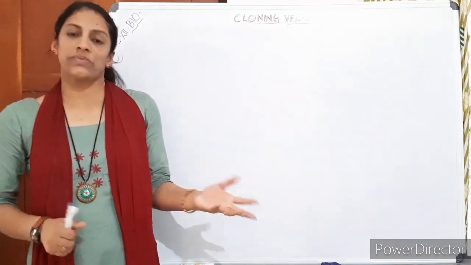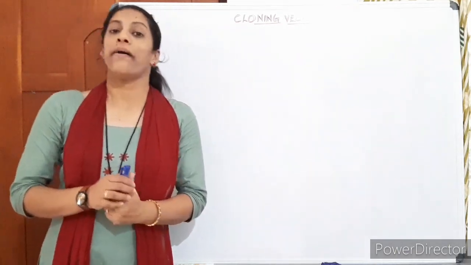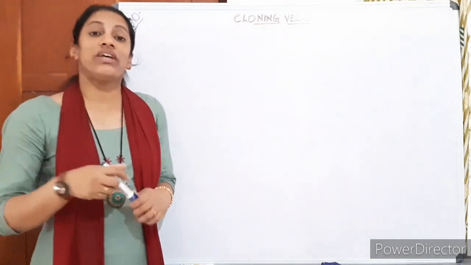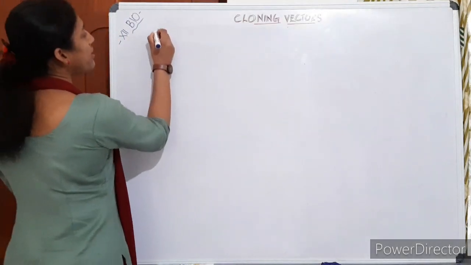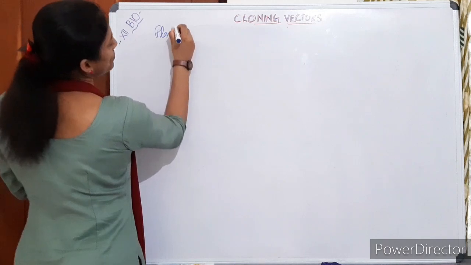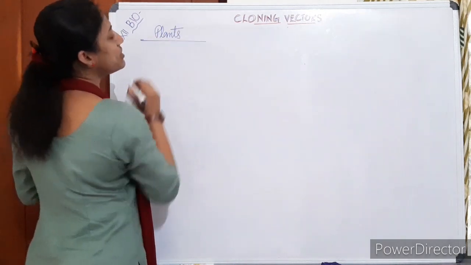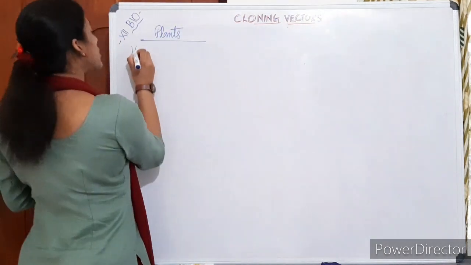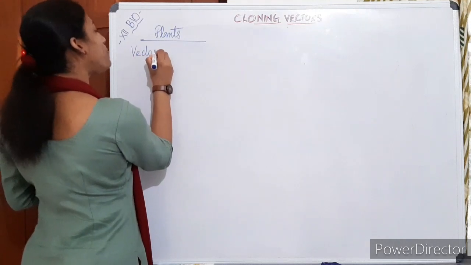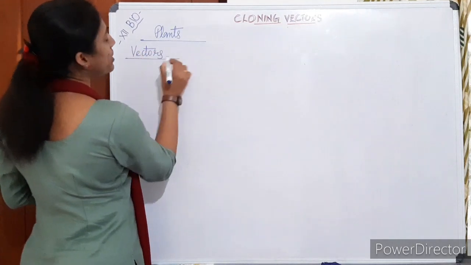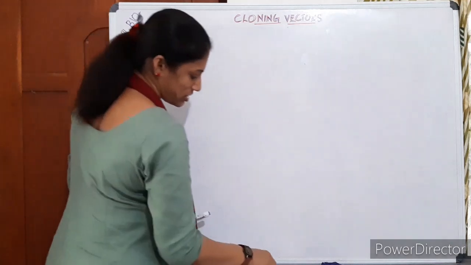So, we discussed plasmids as the major vectors to bacterial cell. If we need to deliver a gene to plant cells, which is the vector used? In order to deliver to plants, which are the commonly used vectors?